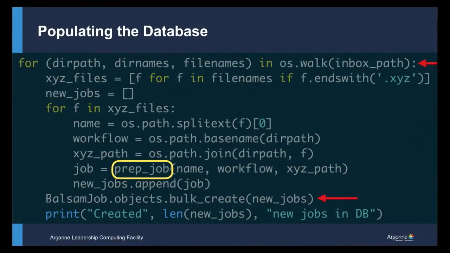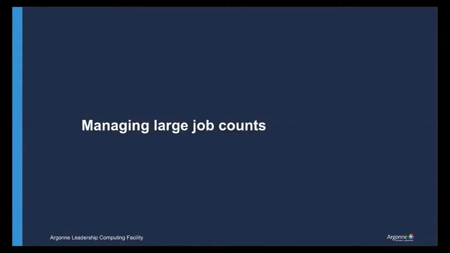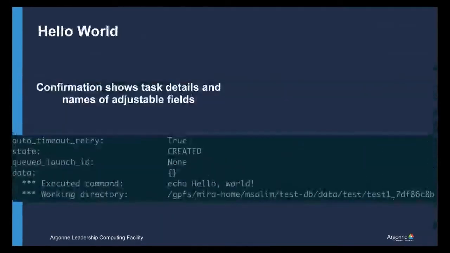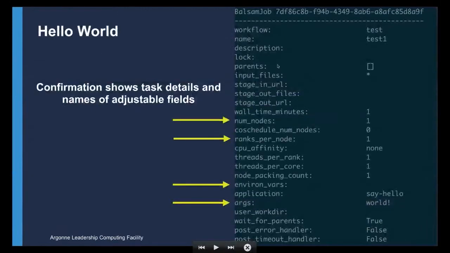Do you also have functions in your Balsam Python interface to do things like number of processes per node and such fine tuning? Yes. If I go back to the fields, you have all these fields to control.